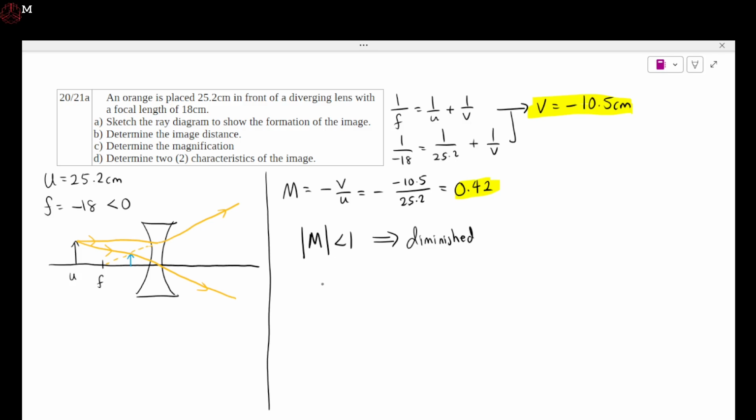Because m is bigger than 0, it is going to be upright, and because v is less than 0, that means it's going to be virtual. So your image is going to be diminished, upright, and virtual. Okay, all right, so let's look at the next question.